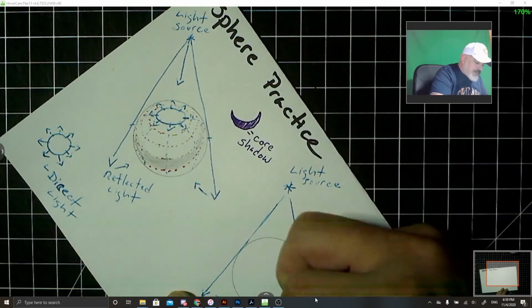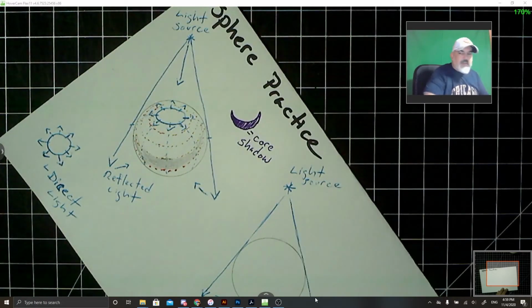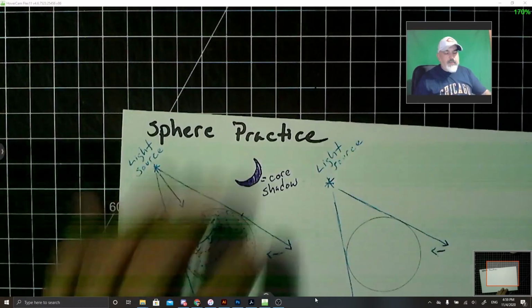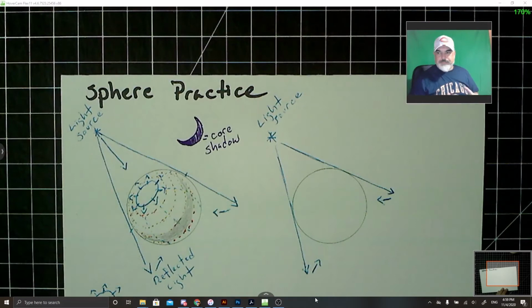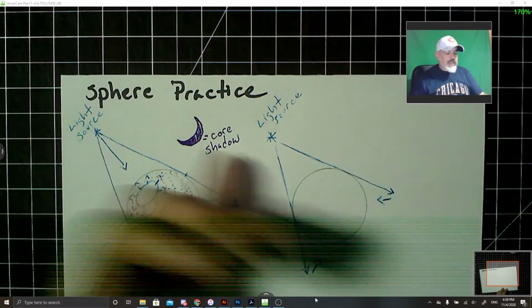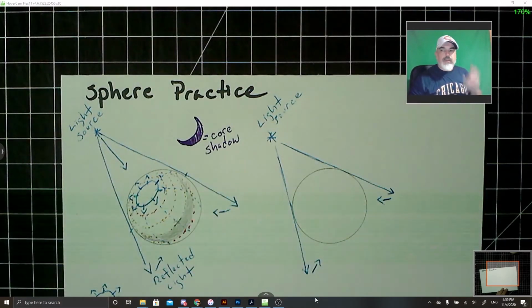If I'm going to do something nice and I want to make a really nice rendered sphere, I'll put a very light mark that I can erase later. And that just gives me my visual cues. So I always want to have a visual cue of where I'm shading so I don't get lost. And that's what that light source does for me.